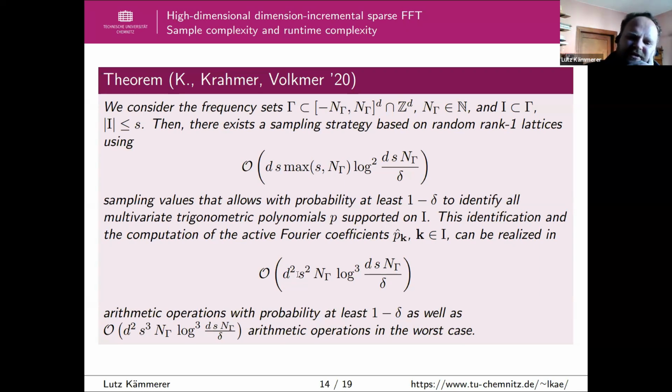So we have a d squared and s squared, that is, let's say, a nice polynomial behavior for computations. With high probability you get this, in the worst case you get this, but in practice we didn't see this worst case. Okay.